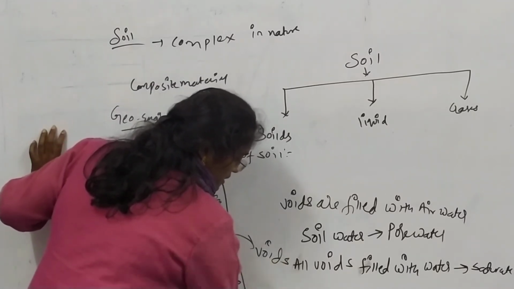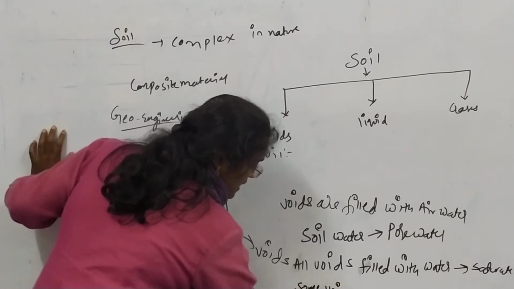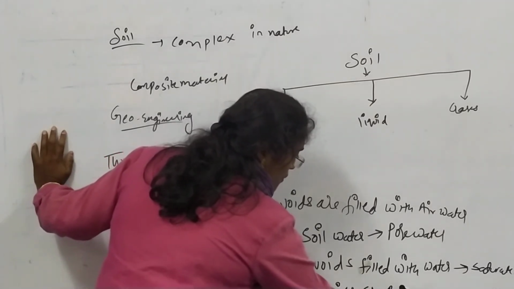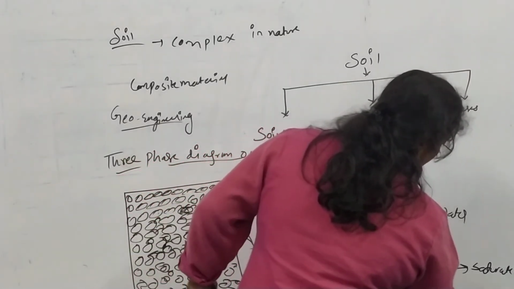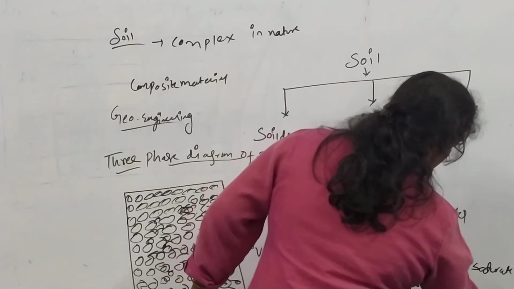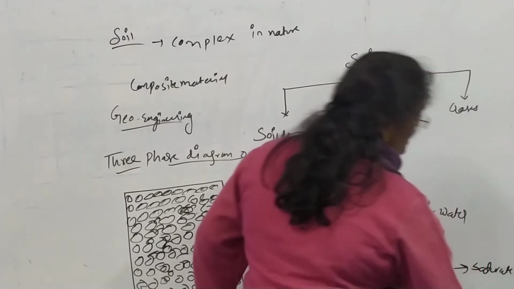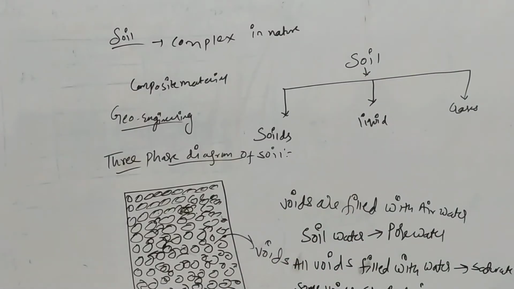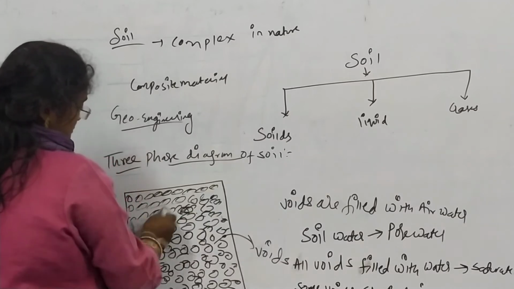If only some voids are filled with water, then that is known as partially saturated soil. So now we will deal with the three-phase diagram of your soil.